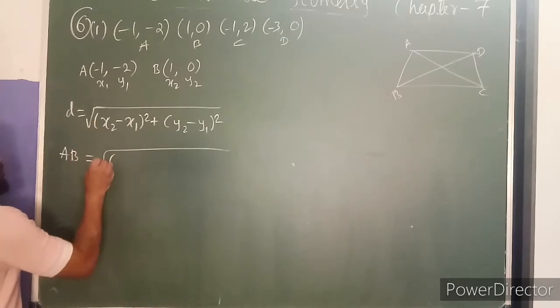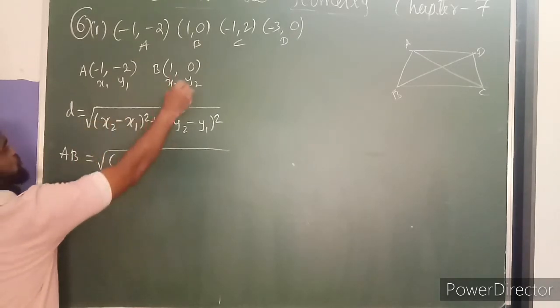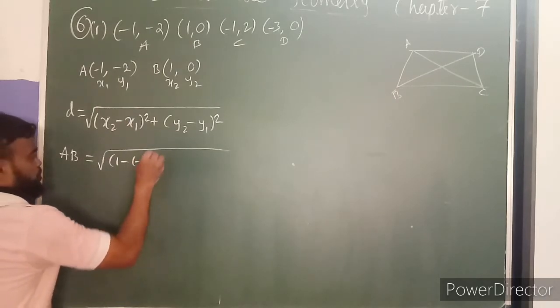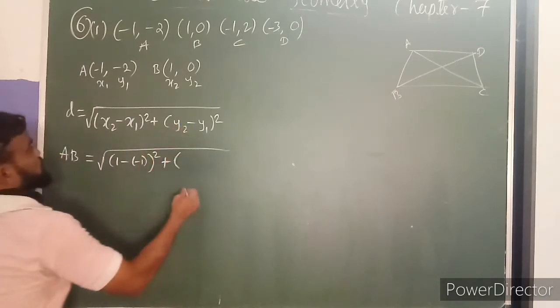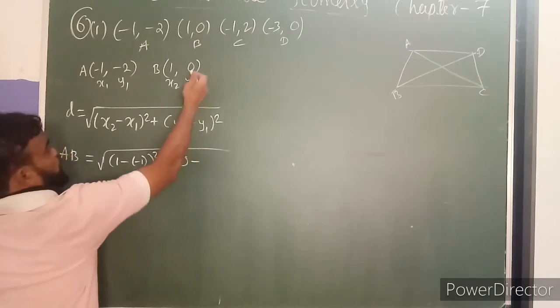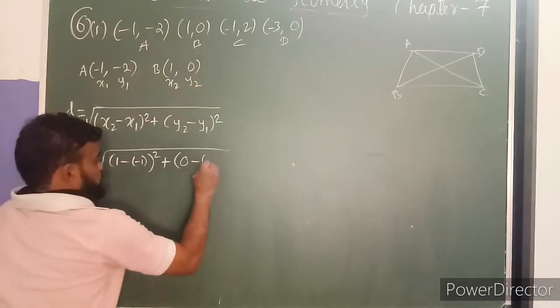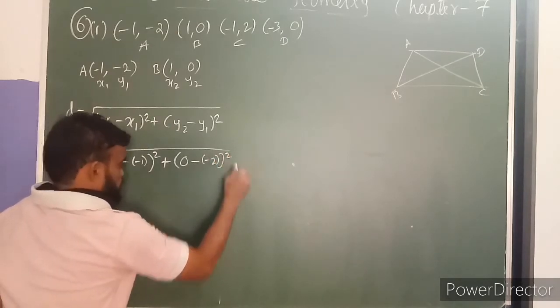What is x2? x2 is 1, minus x1, minus 1. Plus y2, y2 is 0, minus y1, minus 2, whole square.